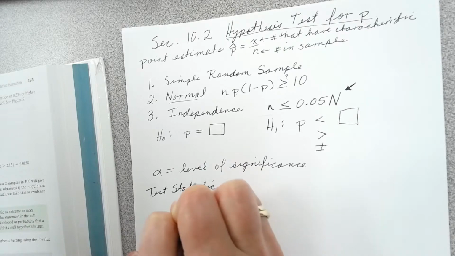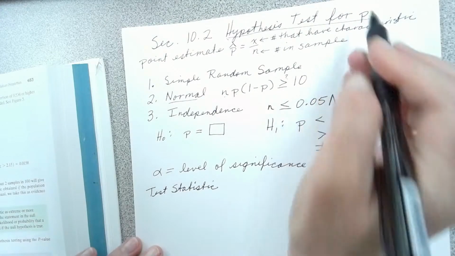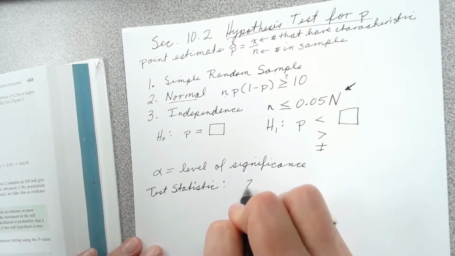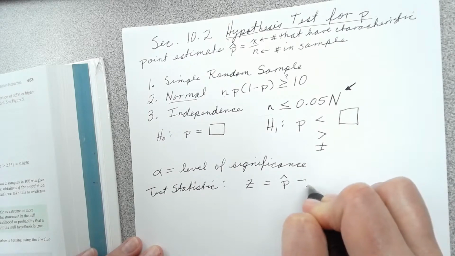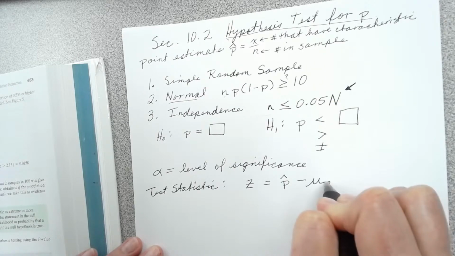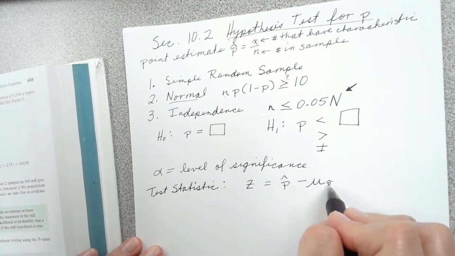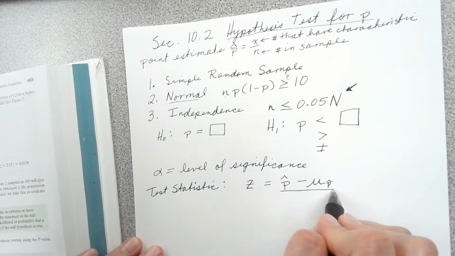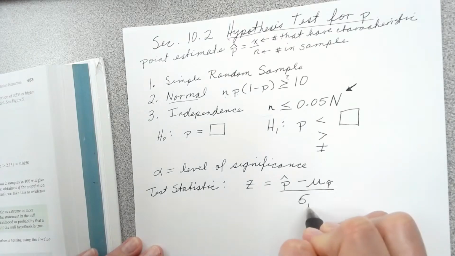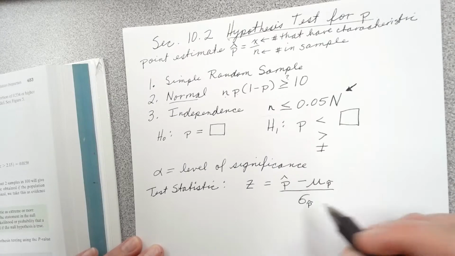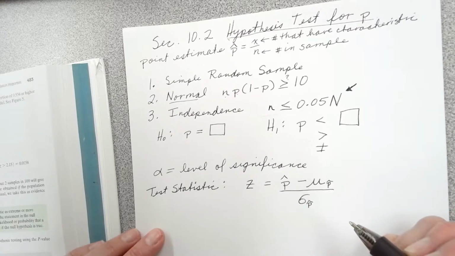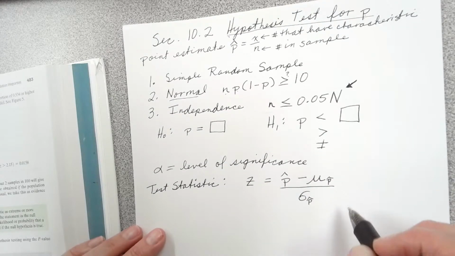So your test statistic for P is going to be Z equals P hat minus the mu of the sampling distribution of sample proportions, divided by the standard deviation of the sampling distribution of sample proportions, sorry.